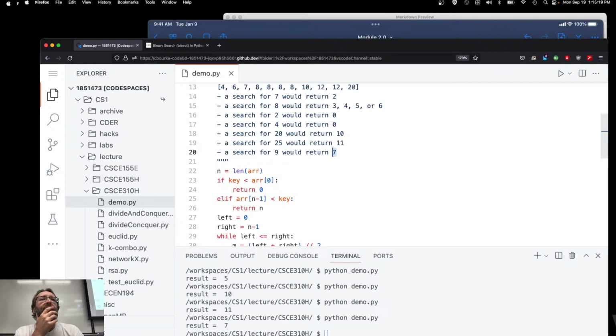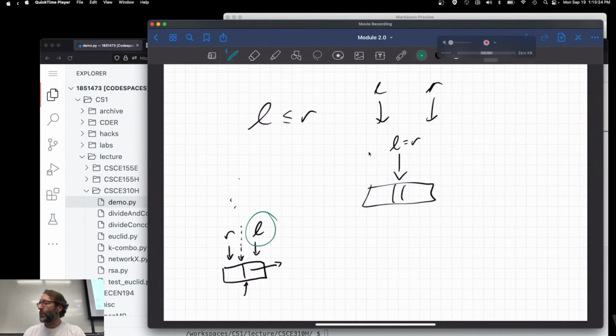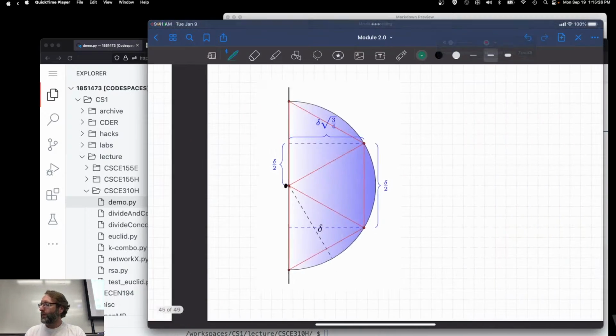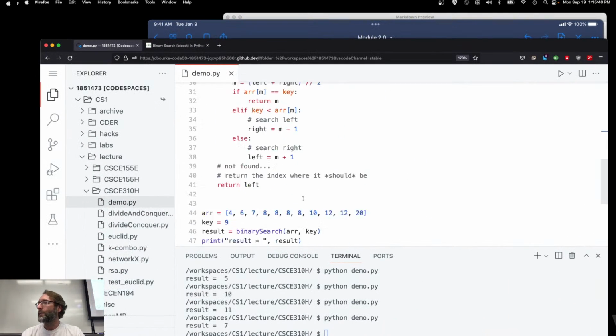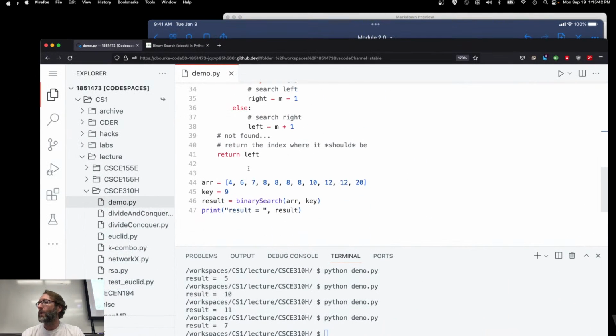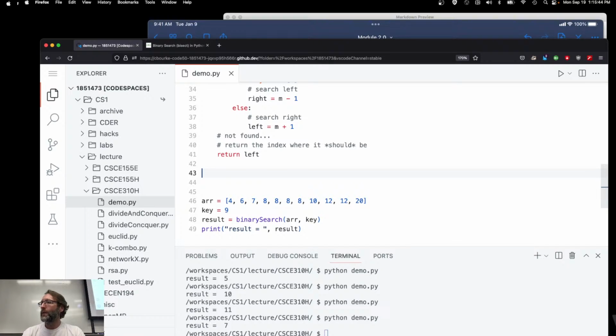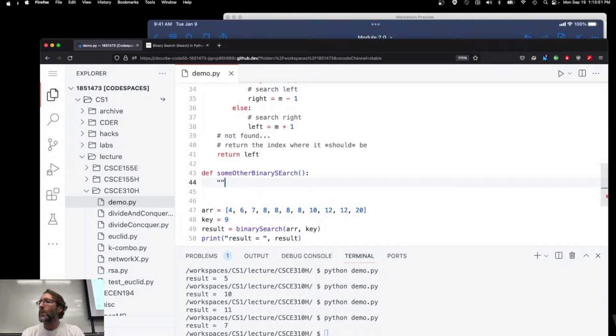Now, how could we use this? Over here in this actual problem, what did I want? I want all points that lie within a distance, right? So given an array, let's just outline it here. This is another algorithm that I want. Def some other binary search. We'll figure it out next time. But here's what I want.